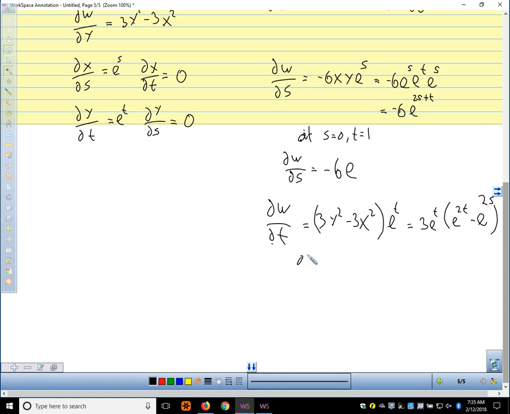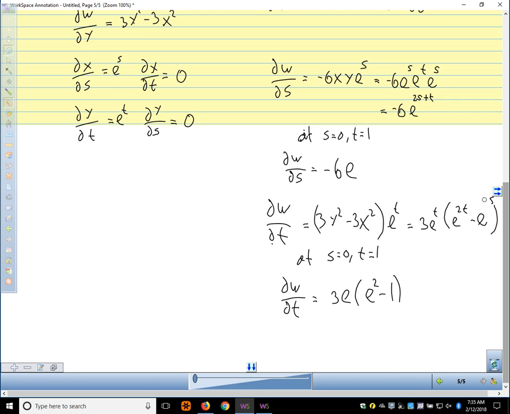And then at our particular point, substitute those in here, and I get the partial of w with respect to t is 3e times e squared minus 1. And we could distribute and do other various things, but that's fine. This would be how we'd express our answer if we were not evaluating our partial derivative at a point. All right, questions?